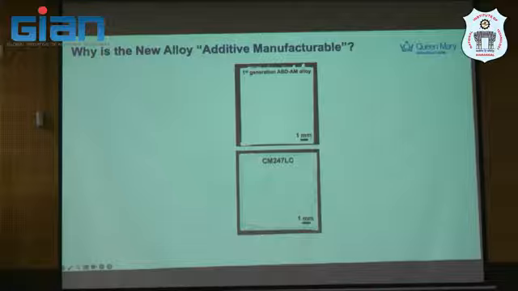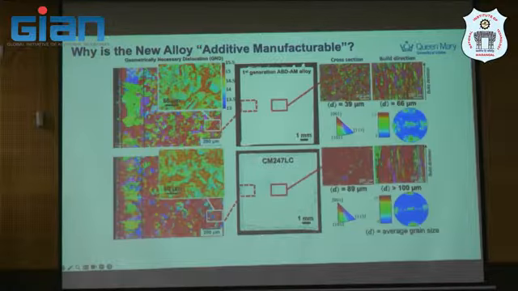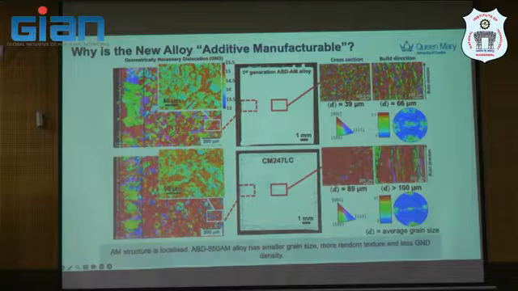And then why is the new alloy actually manufacturable? This is the question, and that's the beginning of the following work that we did. I don't need to repeat what I said yesterday. You will see there's no crack, and then we try to understand why.